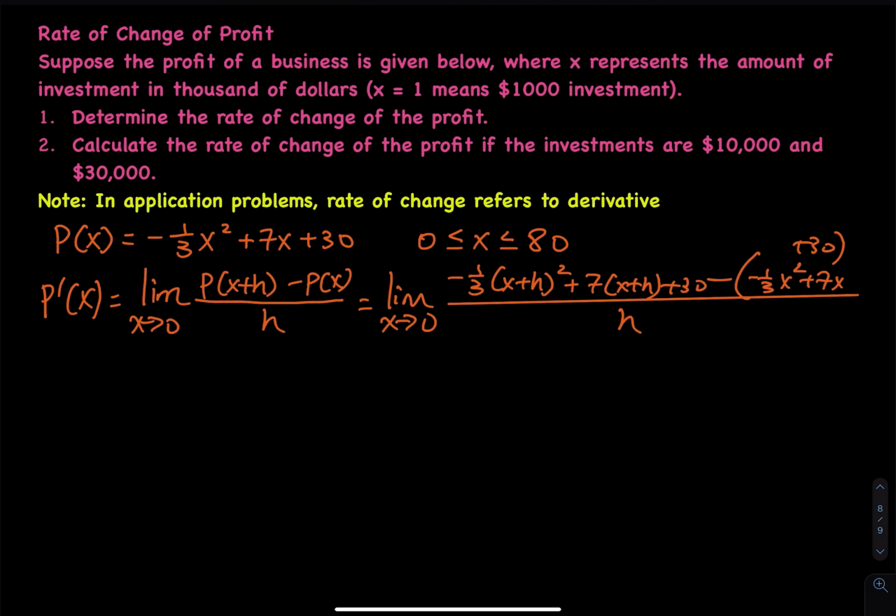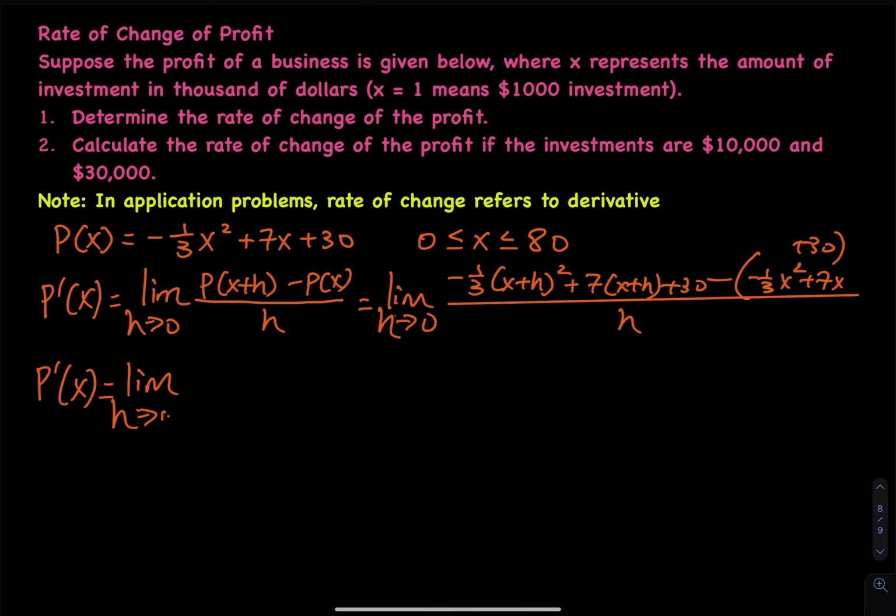Alright, and then we expand the x plus h squared. So p prime of x equals the limit as h approaches 0. I made a mistake: it should be h approaches 0, not x.